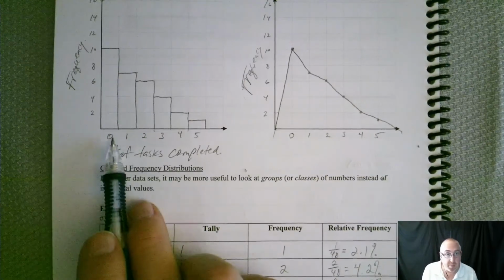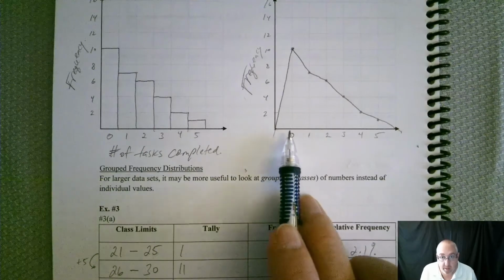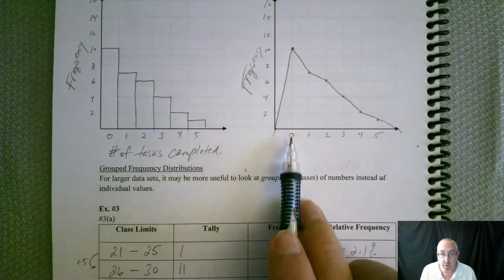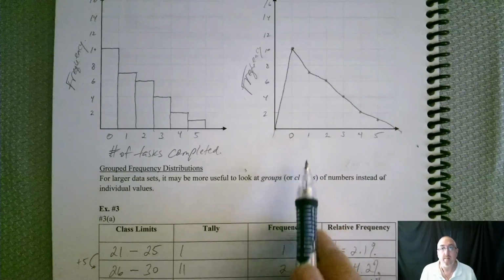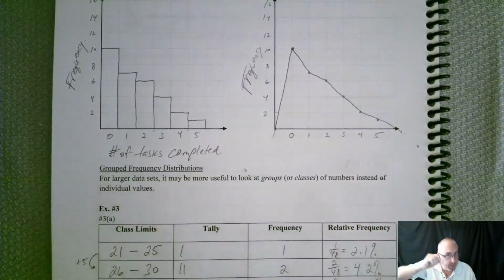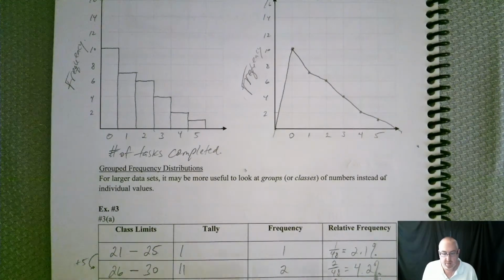So they would have been in the spaces again, and over here they would have been right underneath the line. So 21 to 25 underneath the line, 26 to 30 underneath the line, and so on. So if you got to turn your paper and write it sideways, that's fine. Now in the statistics class, you'll learn a more formal way to label this. So keep that in mind if you're moving on.